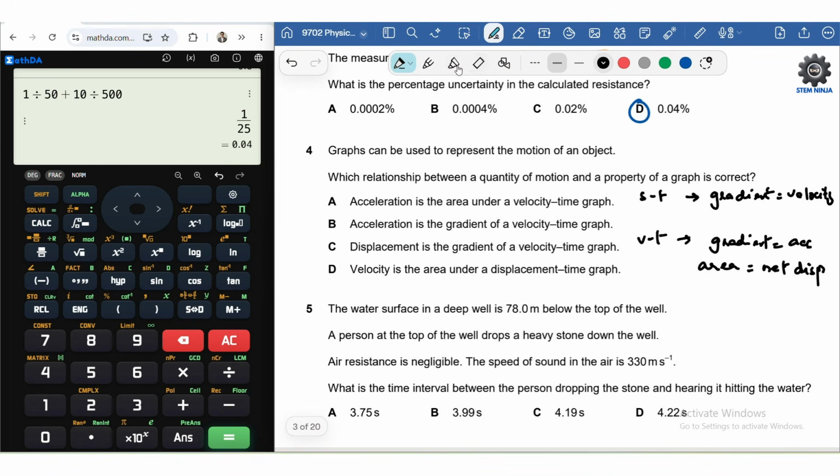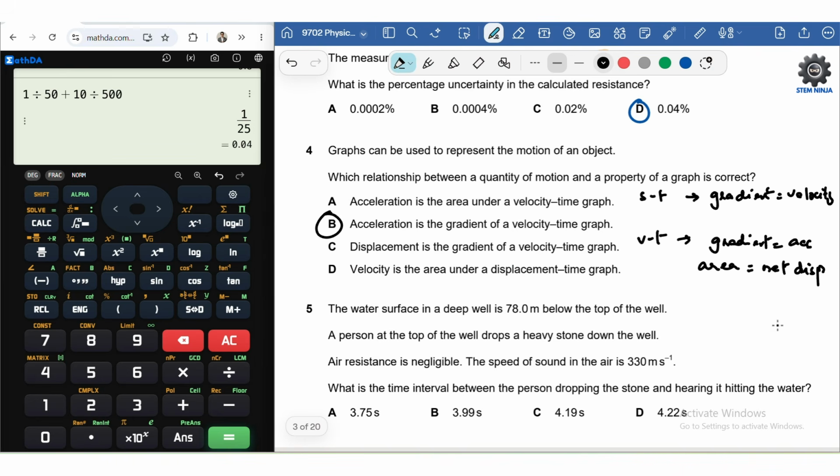Let's see which option is correct. Acceleration is the area under the velocity-time graph? No, the area is displacement. Acceleration is the gradient of the velocity-time graph. This is correct. Displacement is the gradient of the velocity-time graph? No, displacement is the area. There is only one correct answer.